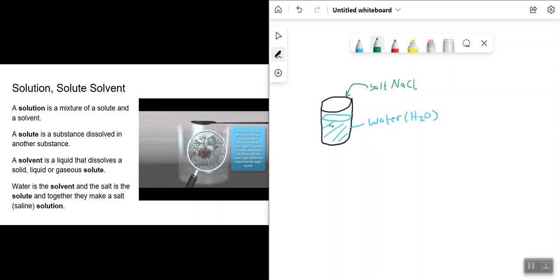So imagine inside here we have loads of salt. We just added in loads of salt, okay?